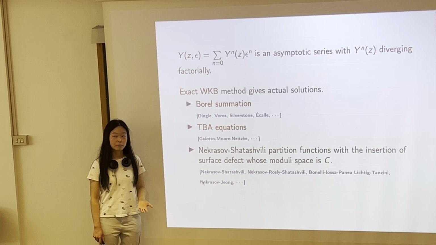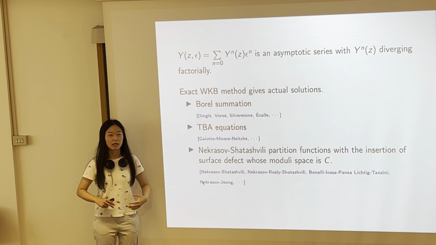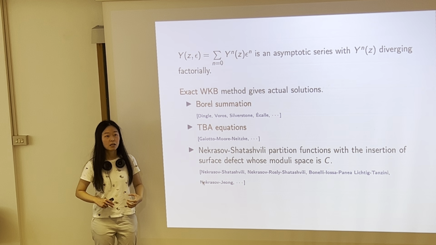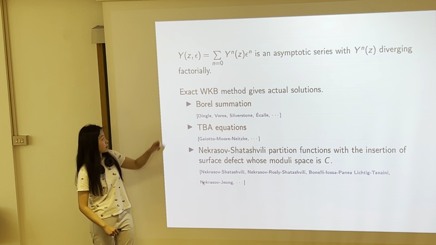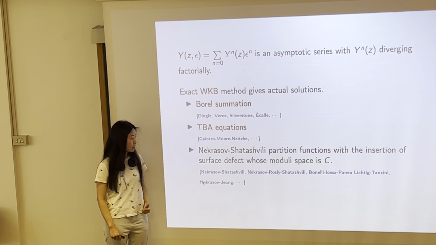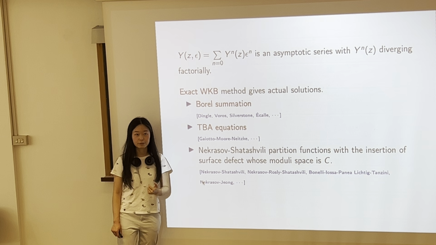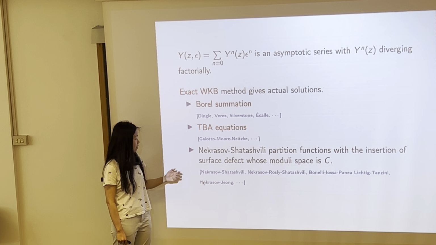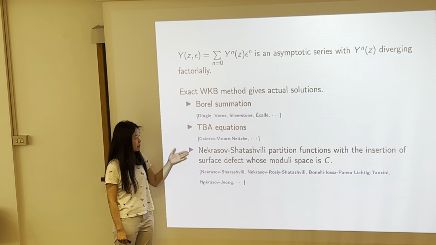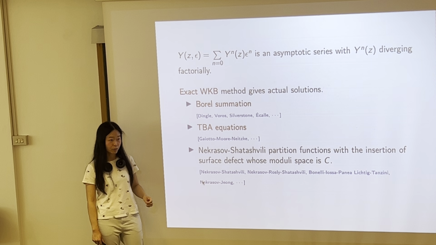And after the Borel summation, there are also other techniques developed for getting some exact result here, which might not directly use this series, but use certain properties of the series. For example, there is the TBA equations, which I'm going to introduce. And there is also other exact WKB method that I'm not going to talk about in this talk, but important.